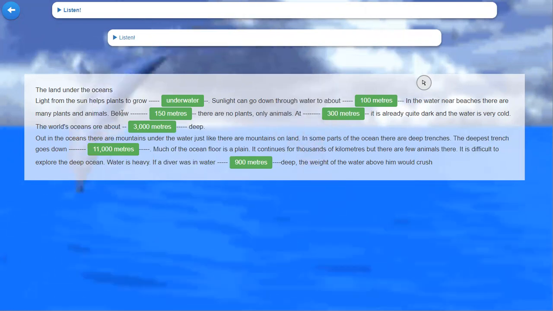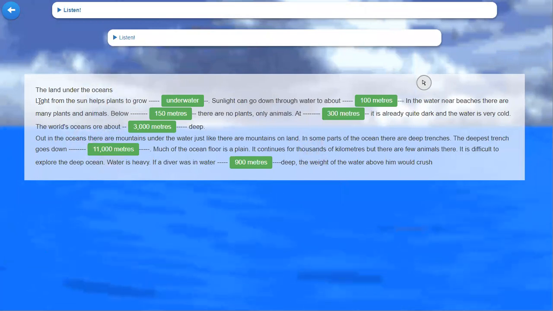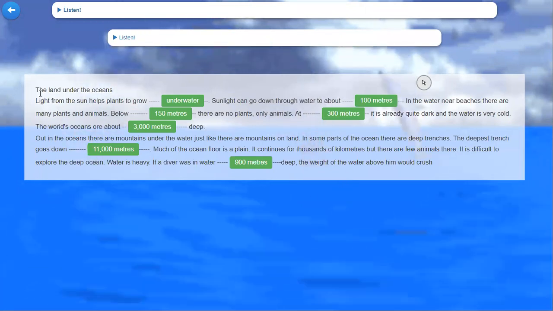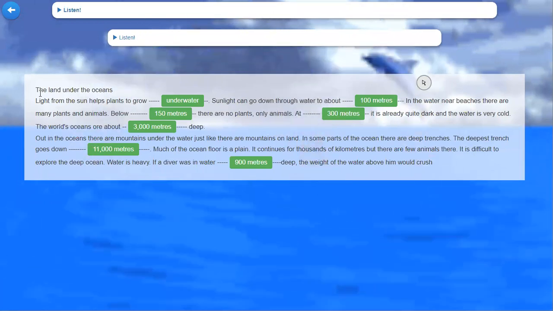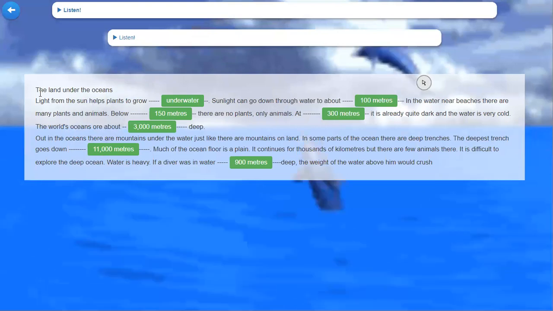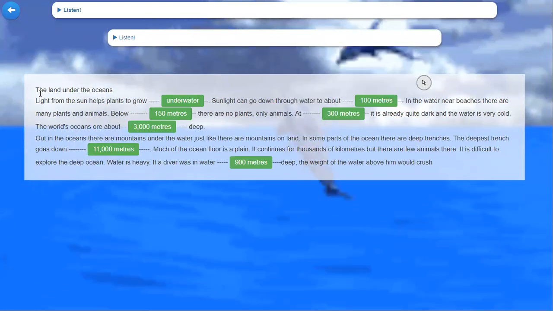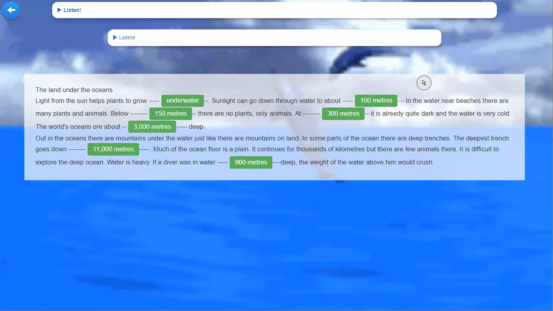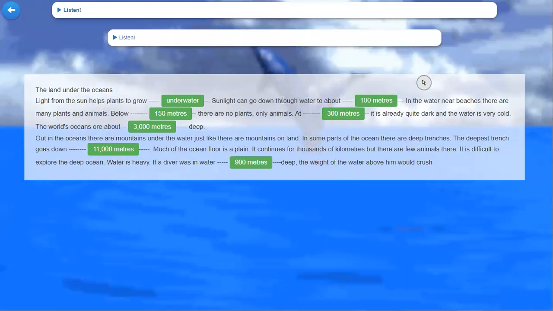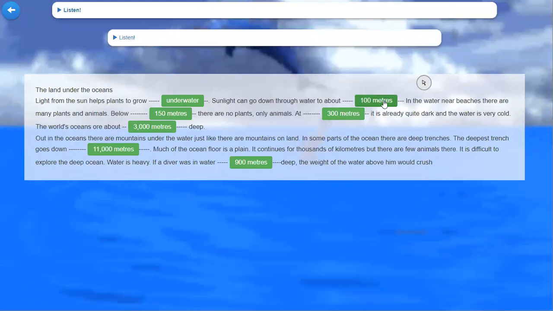The land under the oceans. Light from the sun helps plants to grow. Underwater, sunlight can go down to about 100 meters in the water.